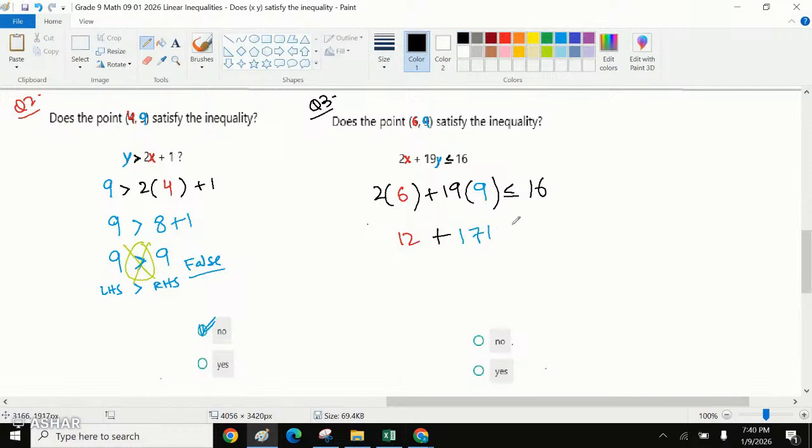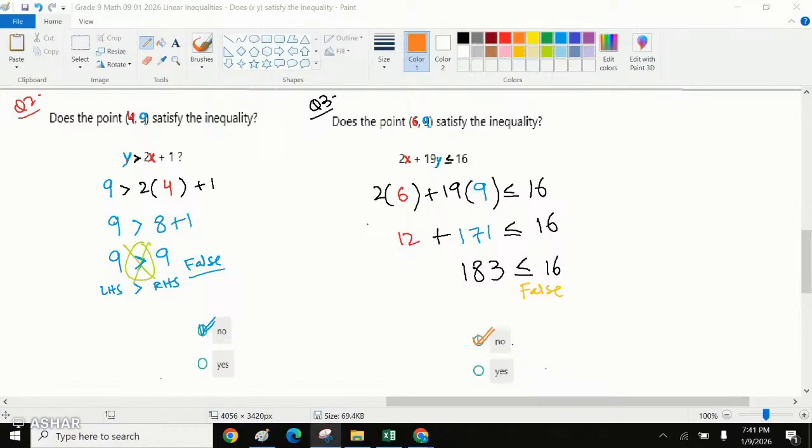And this 171 plus 12 should be less than 16, right? 183. Is 183 equal to 16? No, it's not. Is it less than 16? No, it's not, right? So this is a false statement. That means it does not justify. Okay.